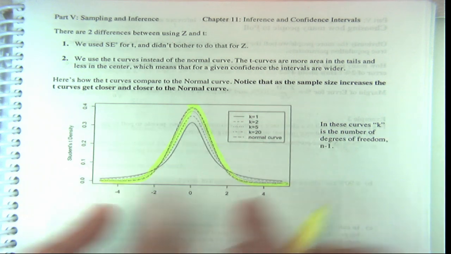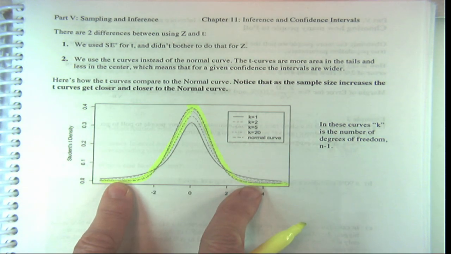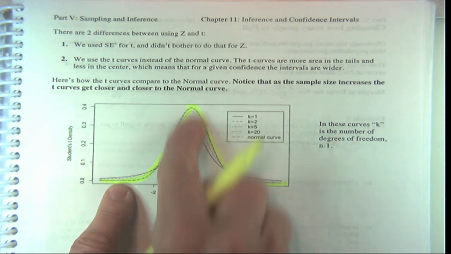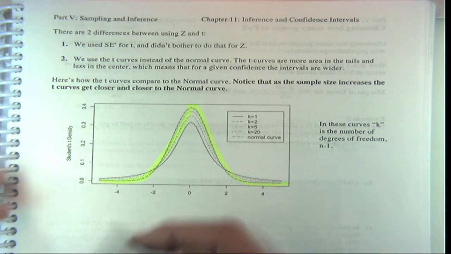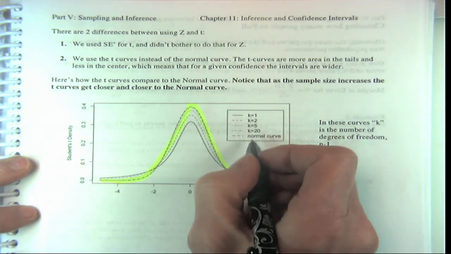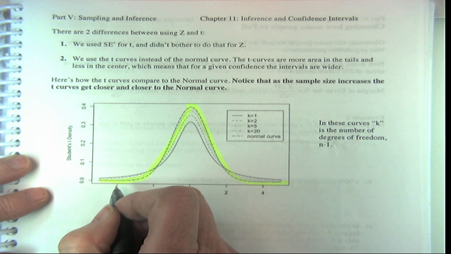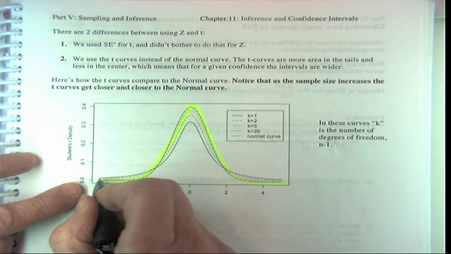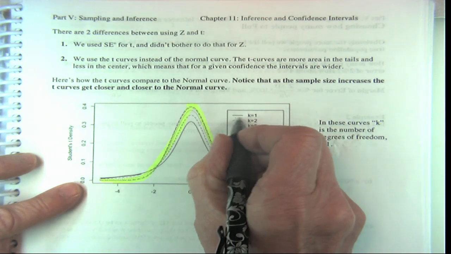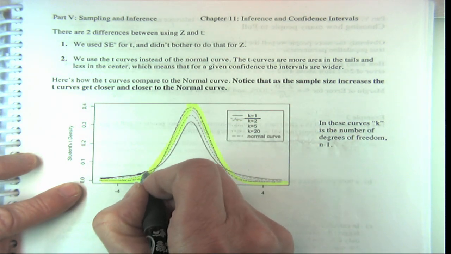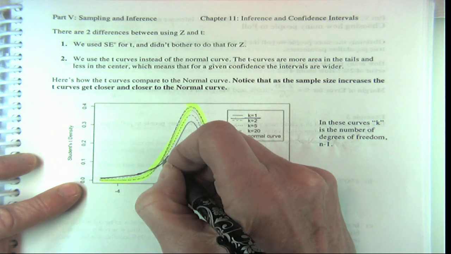It has a really small area in the tails and is high up here. Now there are different t's, a whole series of them. But here's the t right here when you just have a sample size of 2. So this is the one that's going to be most different from normal.